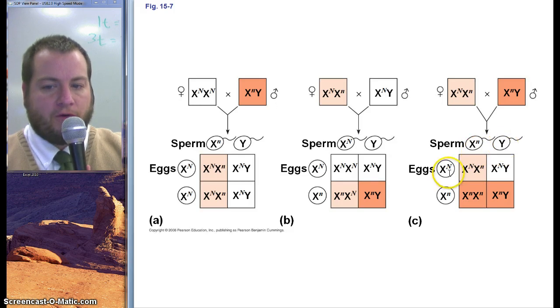And then if that fertilized an egg that was dominant, you would get a heterozygous female, or a 1/4 chance of having a normal male. Now, since the egg can be produced from this, you would also have a 1/4 chance of having a female with the recessive condition, or a male with that recessive condition.